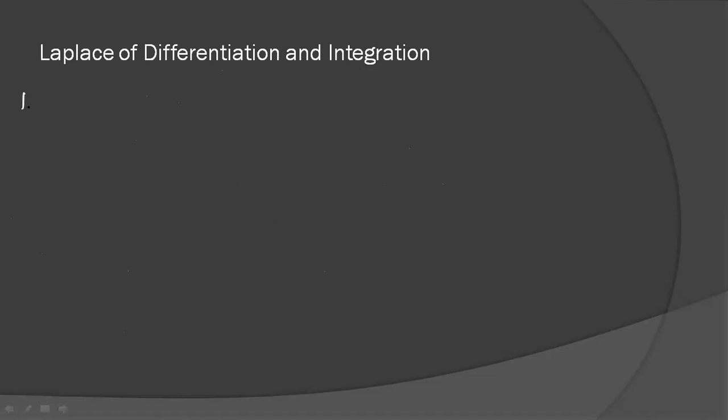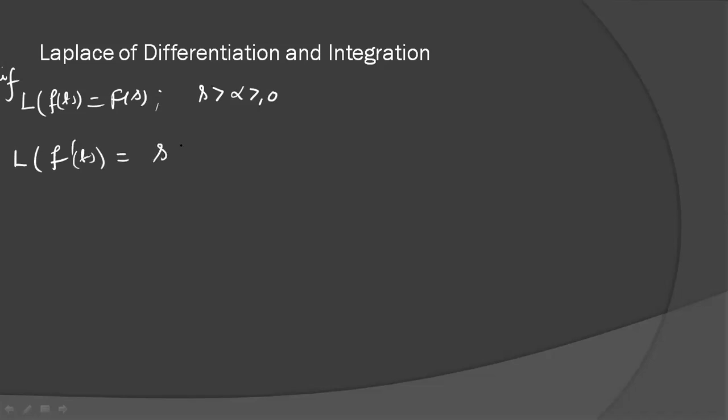So if the Laplace of f(t) is F(s) when s is greater than alpha, alpha greater than or equal to 0, then the Laplace of f dash t, the derivative of this, is given as s Laplace of f(t) minus f(0). Remember f(0).